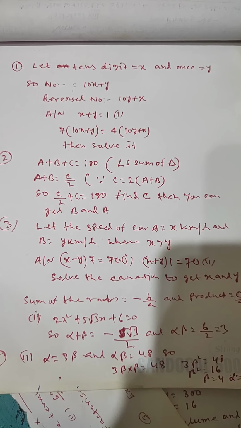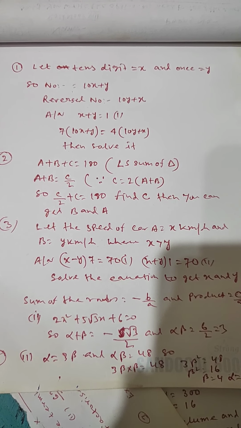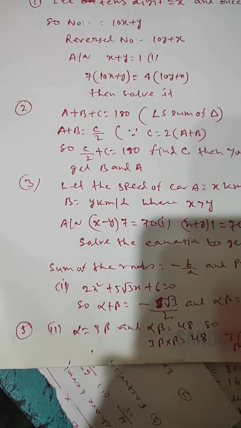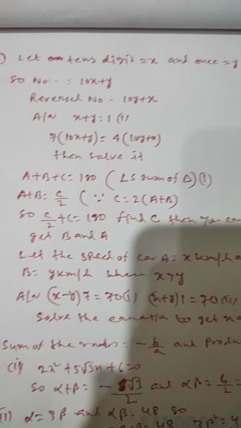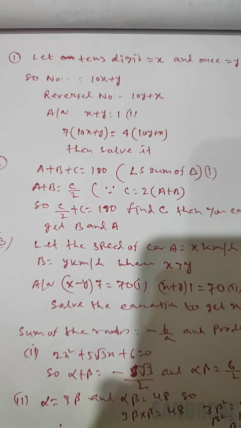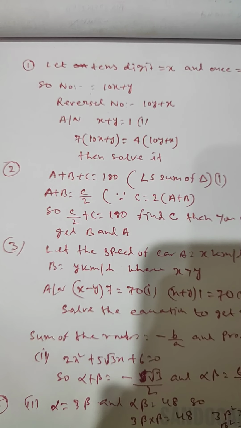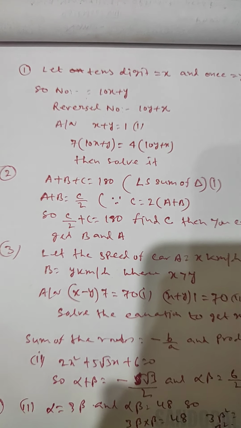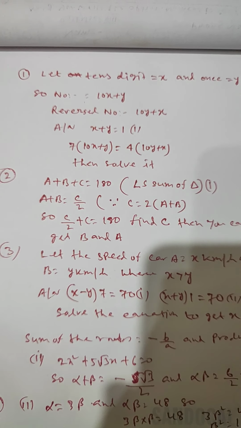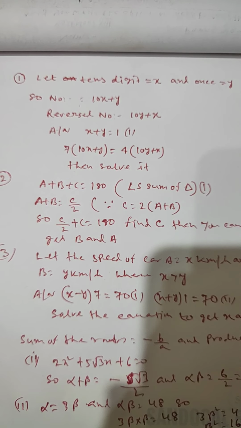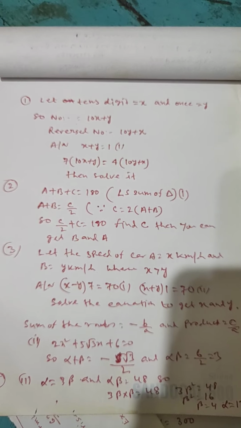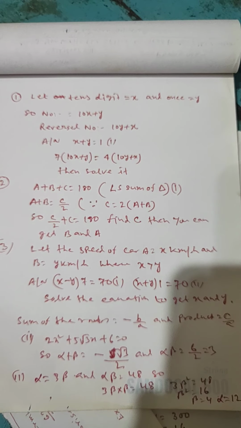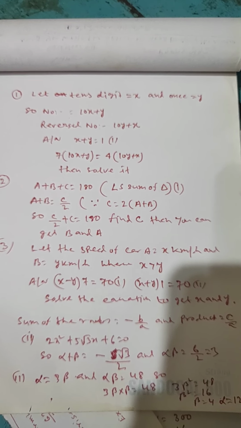Now in equation number 1, in place of A plus B you can put C by 2, and C will remain the same. So C by 2 plus C is equal to 180. Now you can solve for C from here. After getting C, you can easily get B and A.